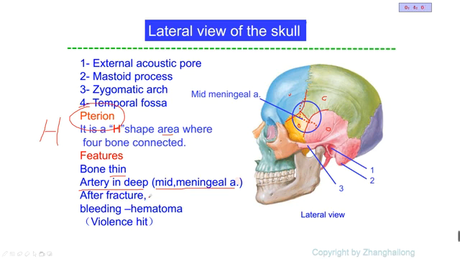After a fracture of this bone, from a violent hit, bleeding will happen, which we name hematoma. Bleeding in the brain is very, very dangerous. Okay, so here you must pay more attention. The H shape is the pterion area.